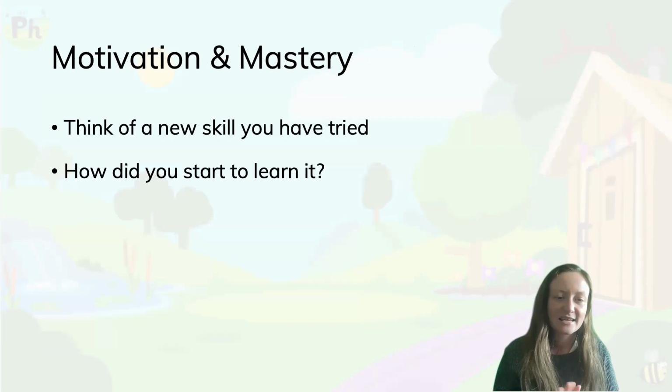So I always like to think about it when I'm thinking of new skills that I've tried to learn in the past and why and how I started to learn them. So I started trying to learn guitar. I gave up on this one very quickly. I found learning the chords very hard and a bit dull because it wasn't things that I was really interested in that had the easier chords in. And the same with when I was learning how to speak German.